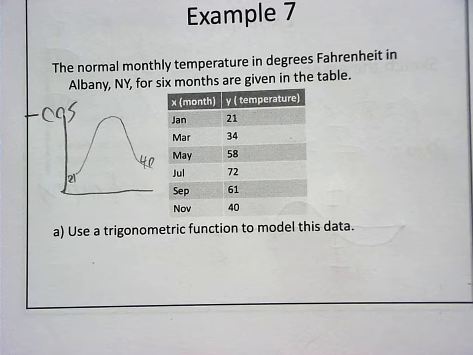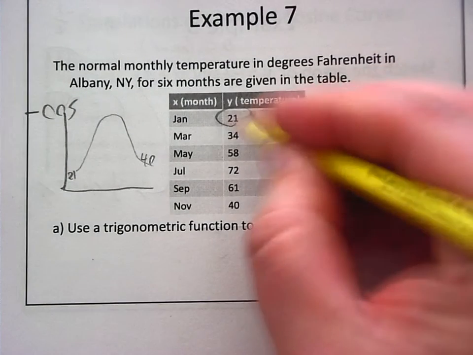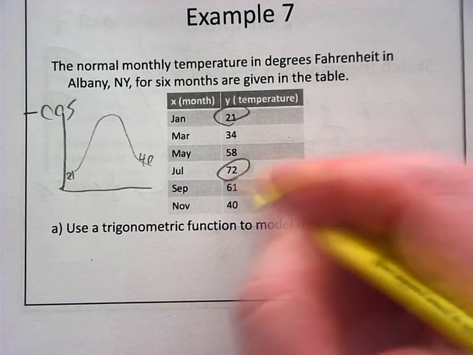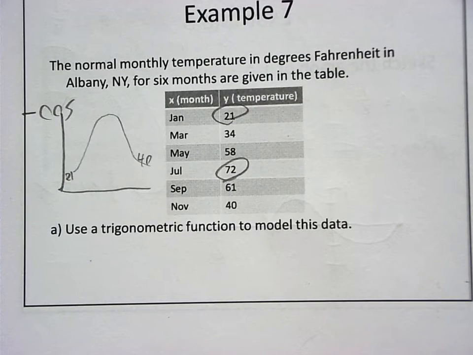Well, where's the lowest value you have up here? What's the highest? 72. Assuming that's your highest and lowest, where would the middle be? Between the two of them, what would it be?